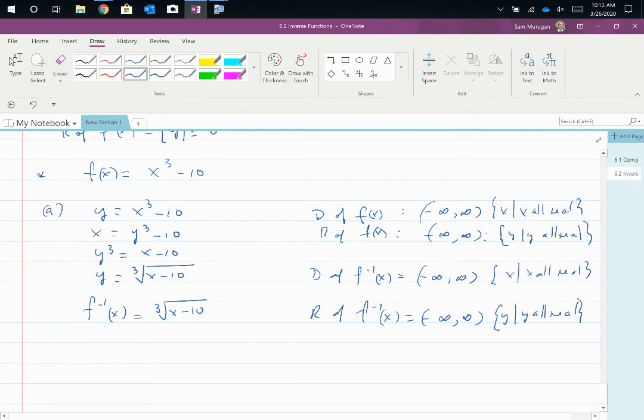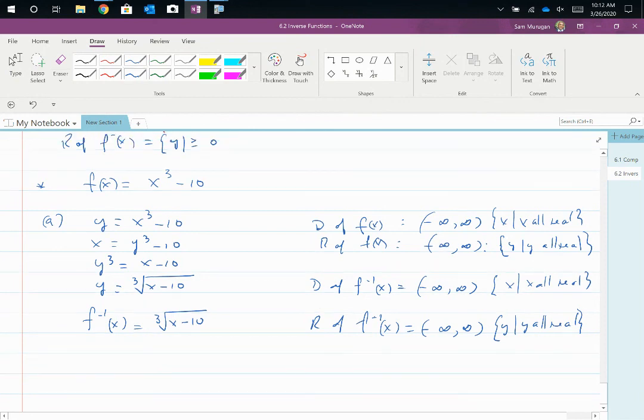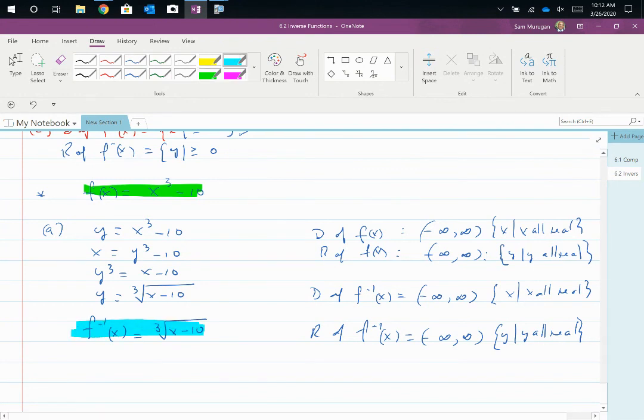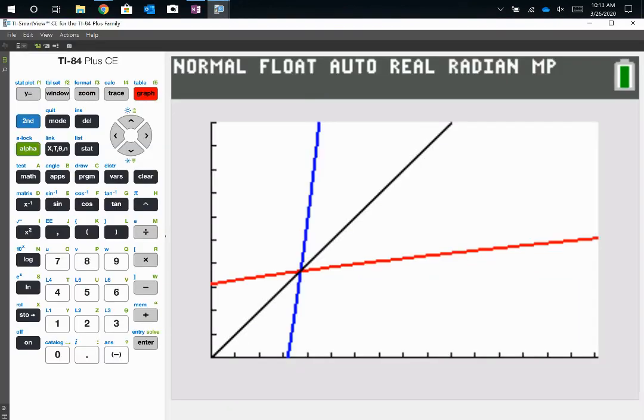So here we have the cube function down 10 places, and here we have the cube root function shifted right 10 places. So we're going to go ahead and put that in the calculator and get a nice picture of it.